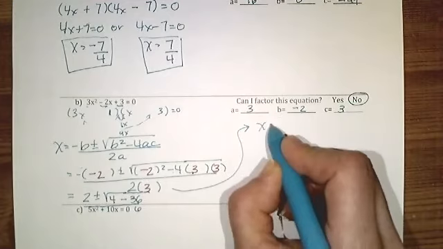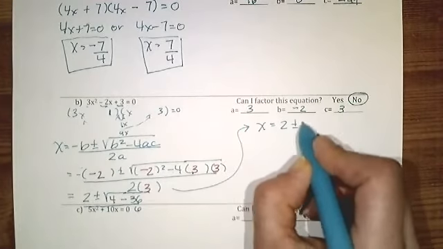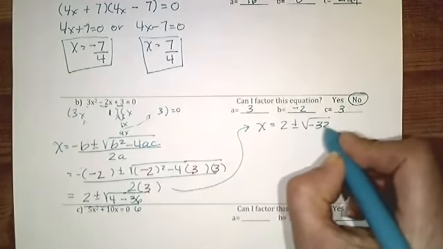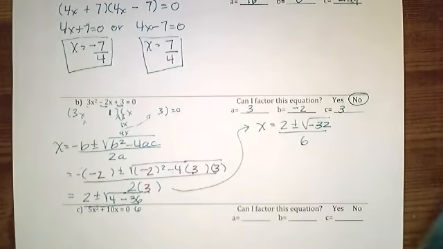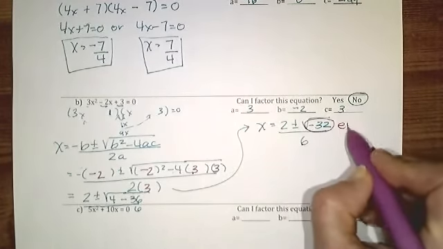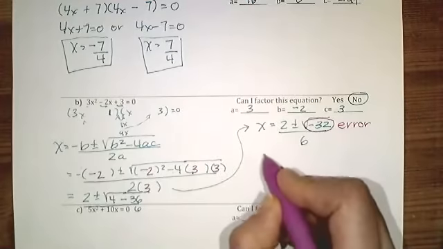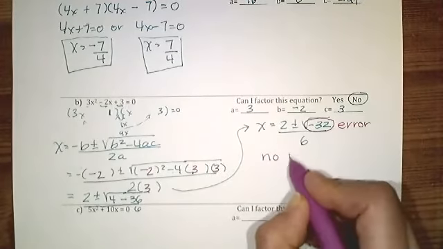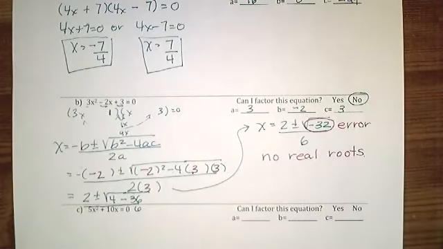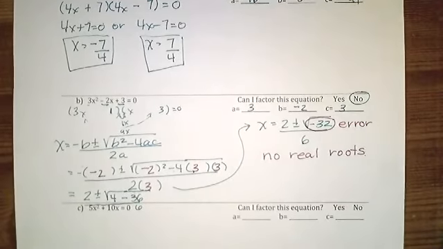So now I have x is equal to 2 plus or minus the square root of 4 minus 36, and 4 minus 36 is -32, divided by 6. Once again, if I get a negative here, this would give me an error in my calculator. So my answer here is no real roots. That just means that our parabola does not cross the x-axis.